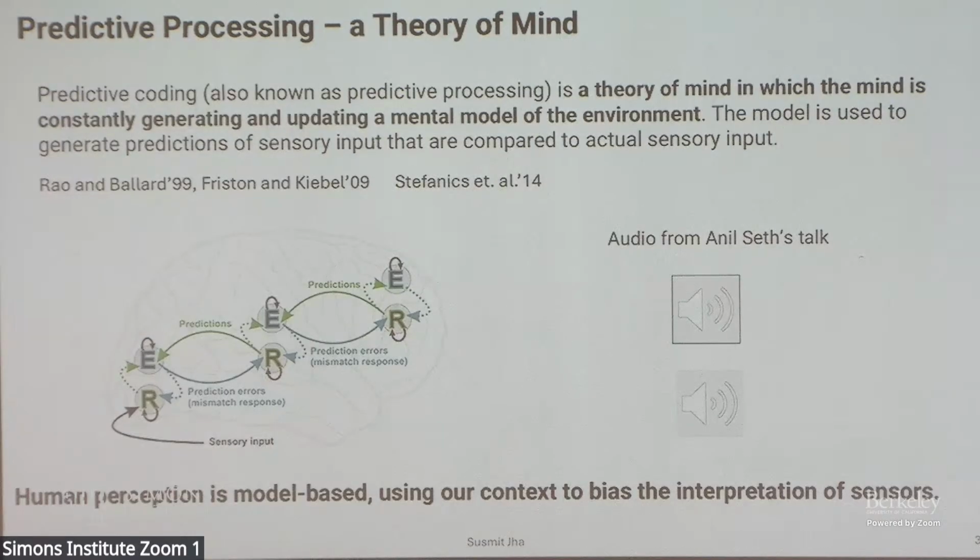There is a theory of mind. There are several of those which have tried to explain how the human mind works. One that goes by the name of predictive processing posits that the way the human mind works is not through bottom-up kind of cognition, where we look at what the senses are saying and then try and interpret them, but rather we build a narrative. We build a story about how the world is evolving, and then we try to confirm that using our senses.